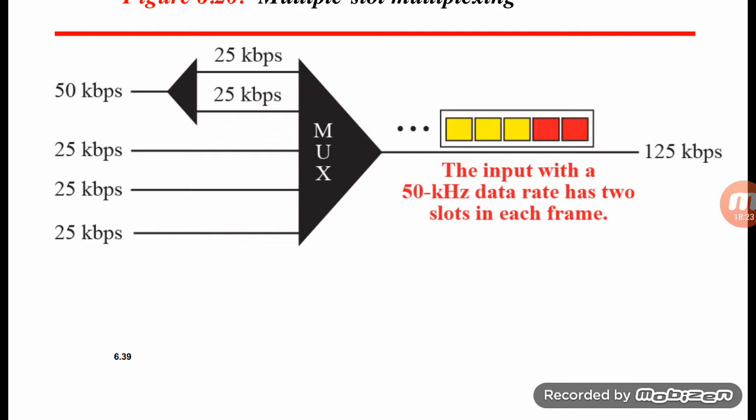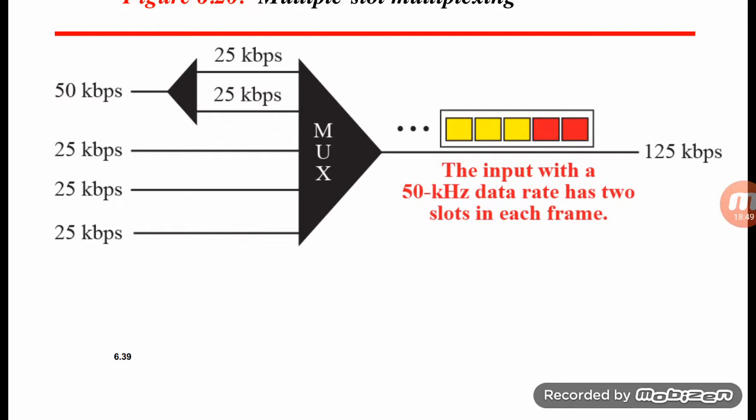This is the third case where the speeds are such that we can split 1 or 2 users into lower speeds, and then we can treat it as the old problem. This is called multiple slot TDM. So these are 3 types: synchronous TDM, multi-level TDM, and multiple slot TDM.